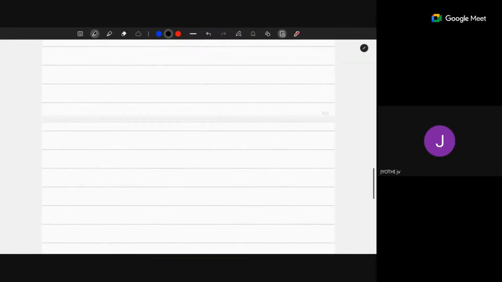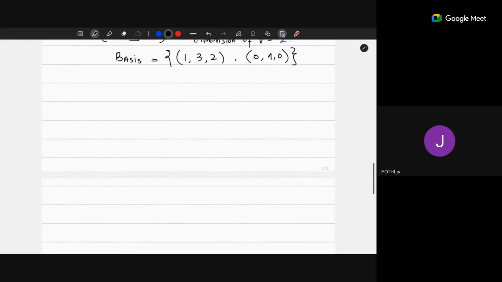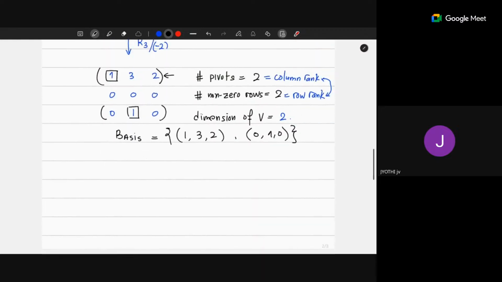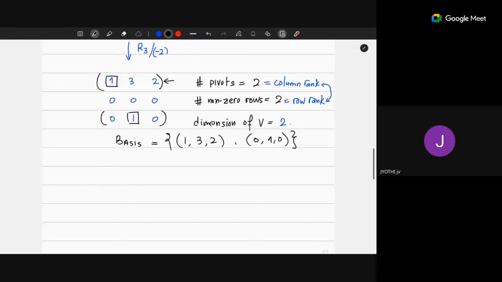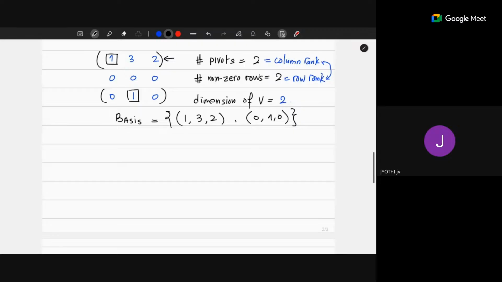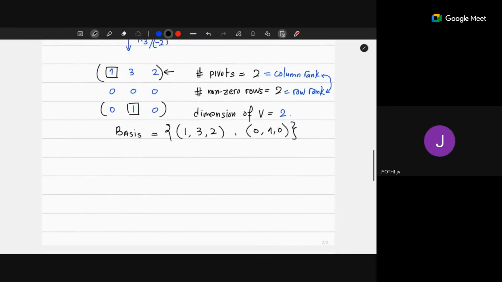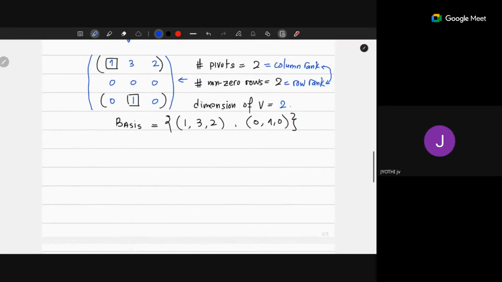So today's topic is nullity. For example, in this matrix, the matrix that you form out of these three vectors, how did you form this matrix? We form this matrix by taking the vectors as rows of this matrix.